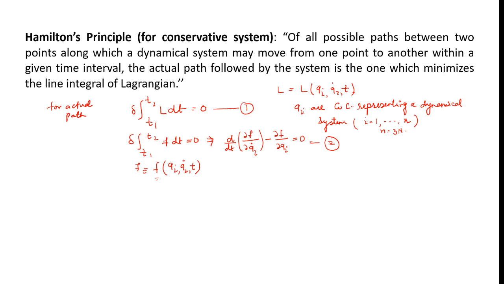So, first of all, we will change this L in 1 in terms of the Hamiltonian. We know that the Hamiltonian is defined as H is equal to sigma pi qi dot minus L, where qi dot is the velocity corresponding to the generalized coordinate qi, and pi represents the momentum of the ith particle with respect to the coordinate qi.